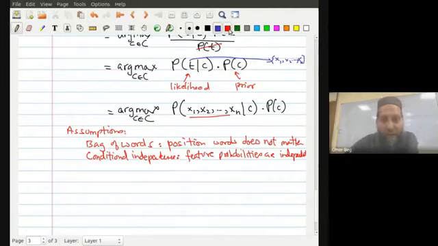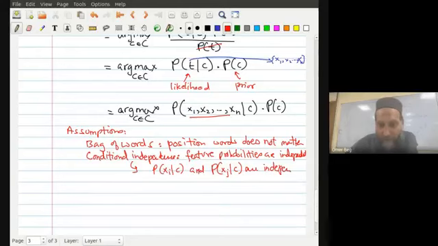What conditional independence means is that if there are two features, let's say x of i and x of j, then the probability of x of i given some class C and the probability of x of j given class C are independent of each other.